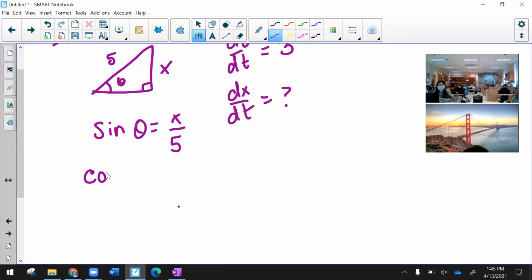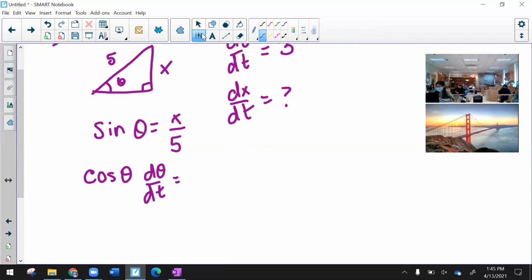Katie? So cosine theta times d theta. Yeah, and I kind of have to take the derivative of what's inside, which is theta, and that's going to give me d theta dt. Because theta isn't a function of x, it's a function of time. Okay. And then I have to take the derivative of the other side.